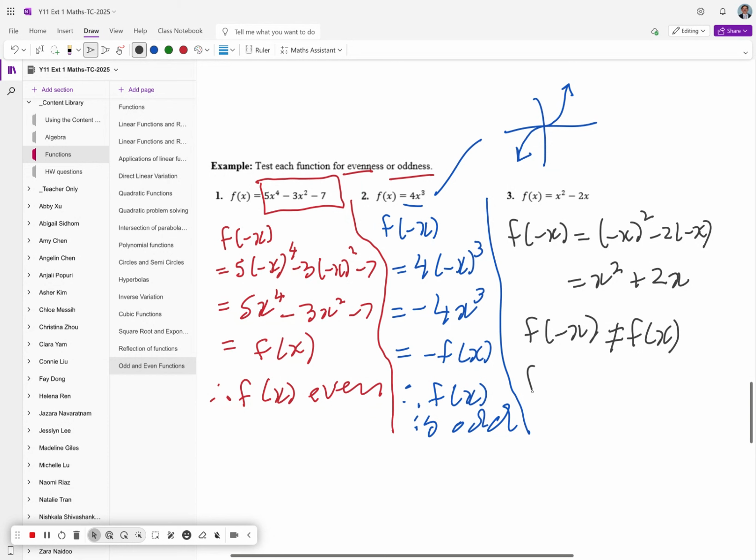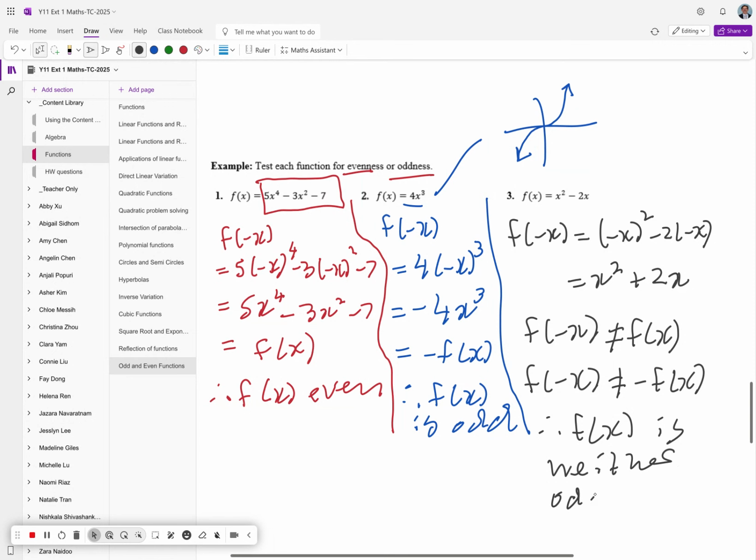And f of minus x is certainly not minus f of x, so not equal to minus f of x. Therefore, f of x is neither odd or even. Okay, so that's it.